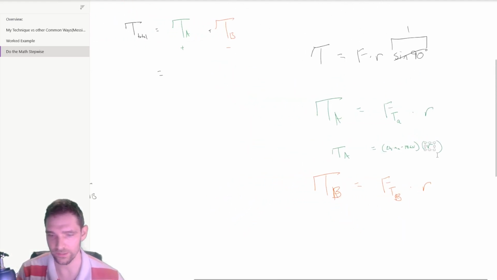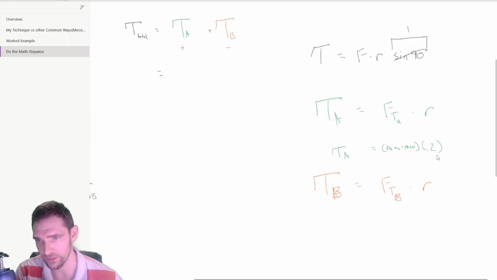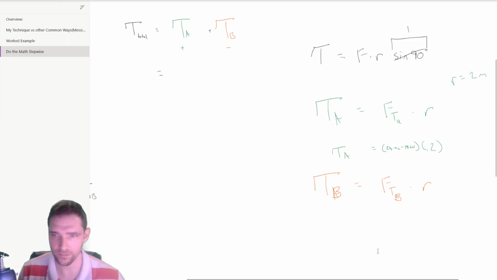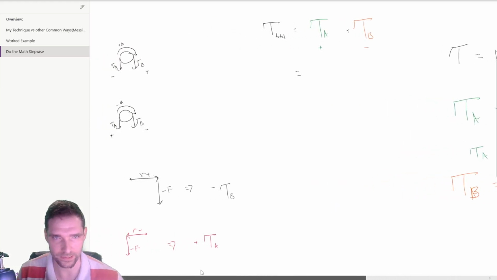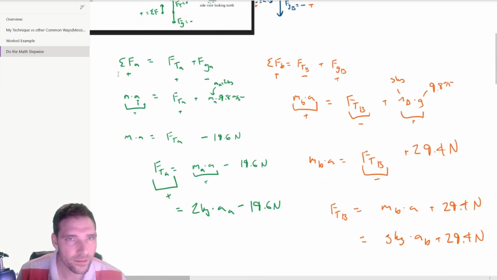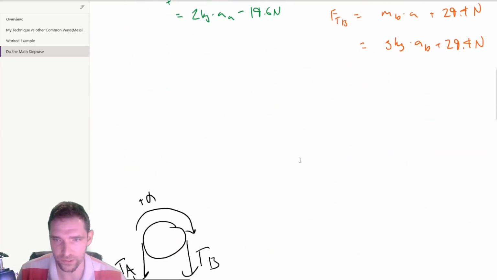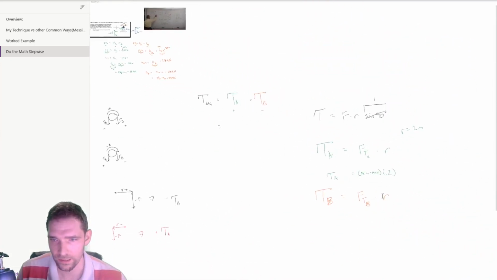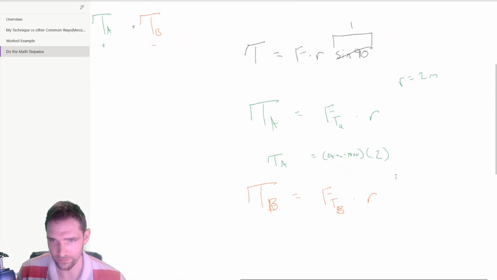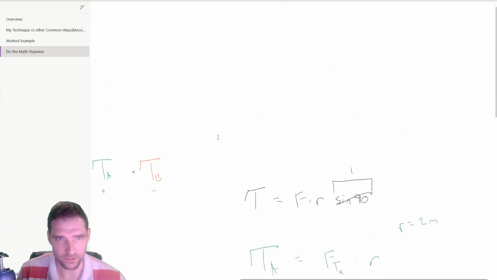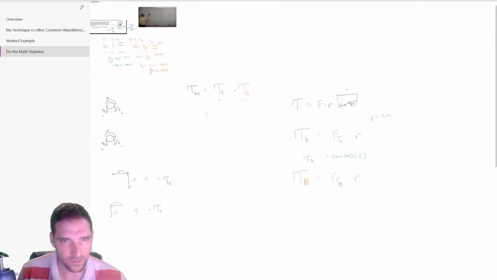I believe the radius they gave us was 0.2 in this problem. I'm pretty sure, just because I've seen this problem a fair amount. Yeah, the radius is 0.2. And so we've got that tension now. Looks pretty good.